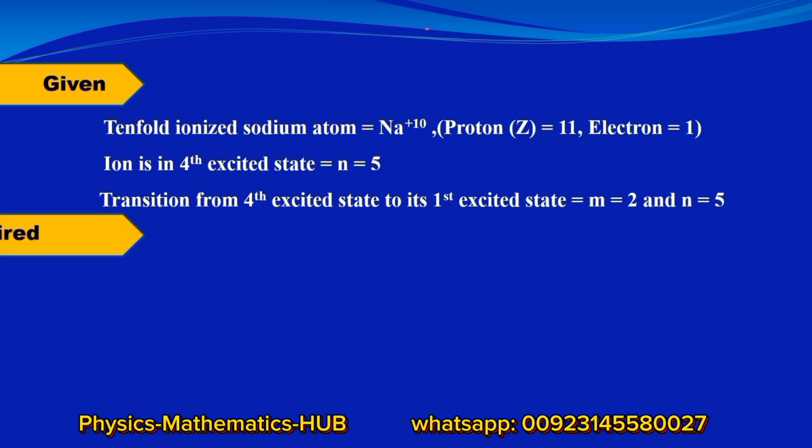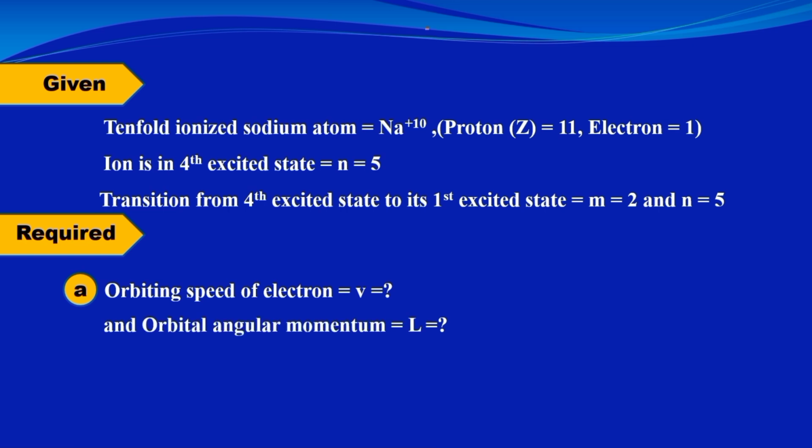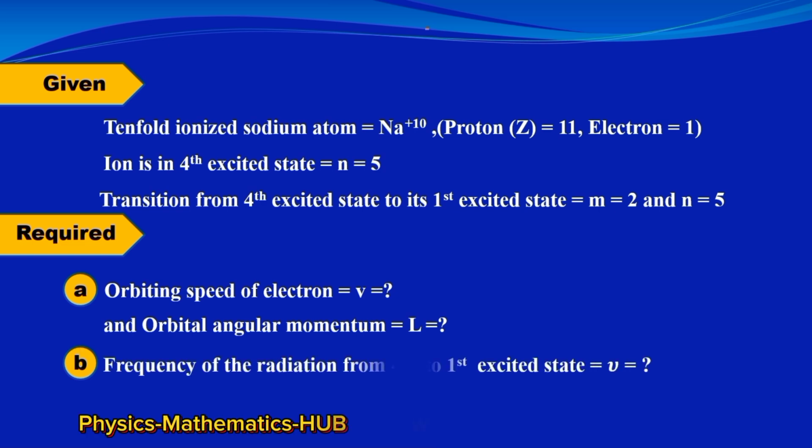We are required to find the orbiting speed of the electron, denoted by v, and the orbital angular momentum, denoted by capital L. In part B, we have to find the frequency of the radiation from the fourth to the first excited state, which is denoted by nu.